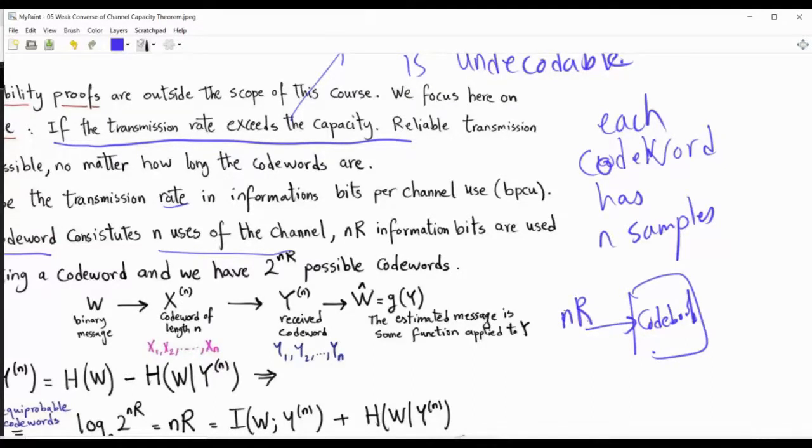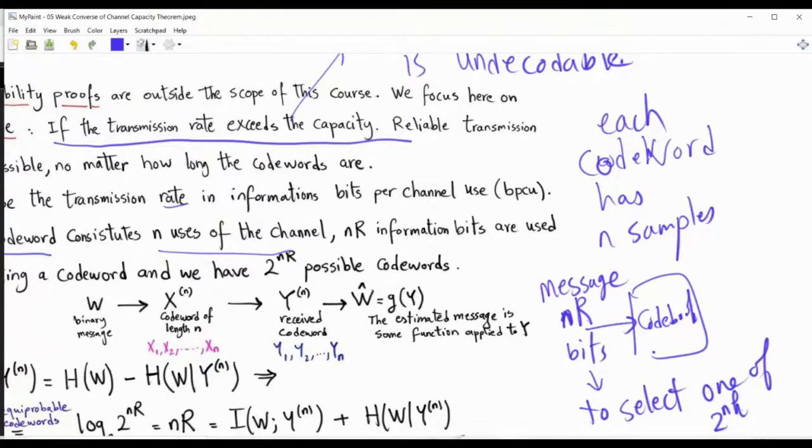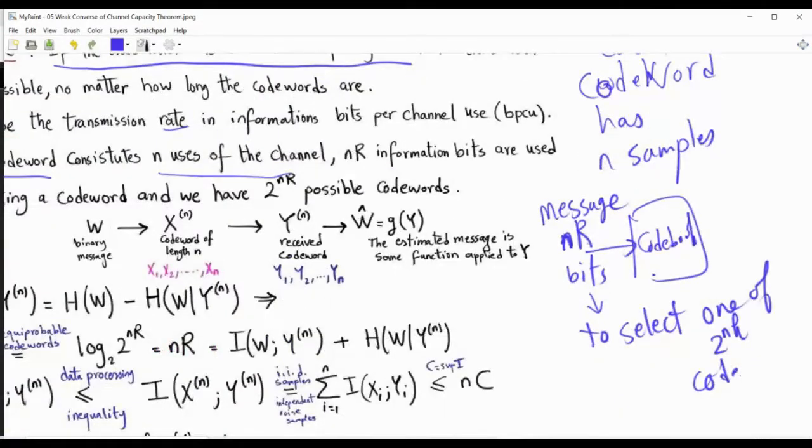Basically this n is the length of the code word, and R is the so-called information rate. So you have a message of nR bits to select one of 2 to the nR code words, and those are to be transmitted to the channel.